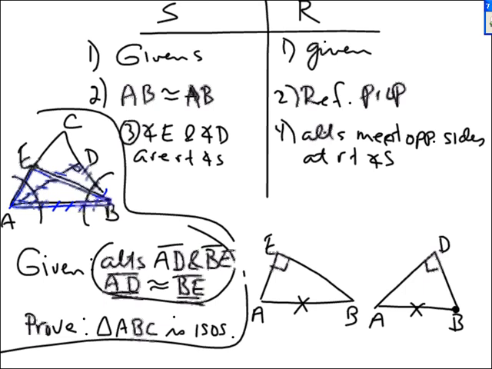You go to angle B and you go to the side opposite it. Maybe you hit here, that is, maybe you go from B to that point, or B to this point, or B to that point. But whatever point you pick, and there's only going to be one of them, it better be at a right angle. That is the definition of altitude. Okay, so that's why statement or reason number 3 is valid. So now we have the right angles.